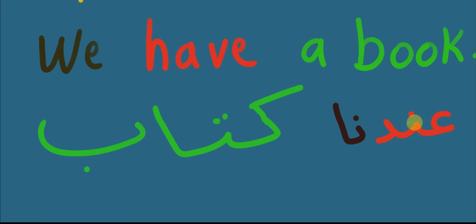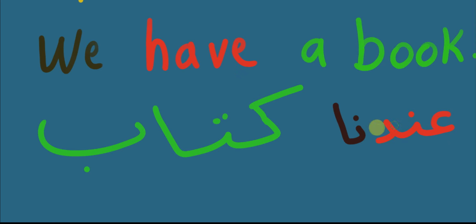If it's a place, it's also called ظرف مكان, an envelope of place. ظرف زمان, an envelope of time, if you want to go literal with it. So that's the sense in which عند is used.